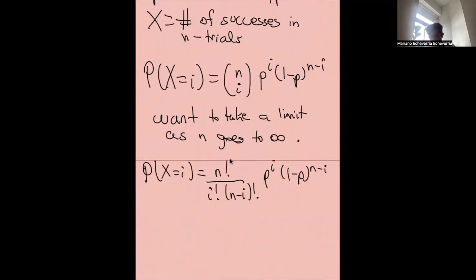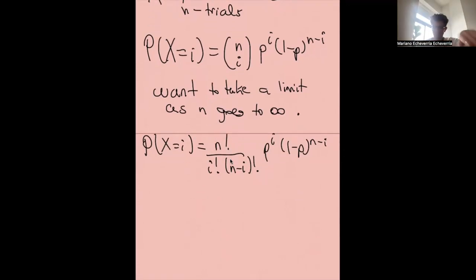This would be a constant, so it remains what it is. And what happens as n goes to infinity here, if you are fixing p and i? Once n is really large, there's almost no difference between n factorial and n minus i factorial, so this goes basically to 1. So you're getting 1 times 0, and in the limit you would get 0 as a probability. That's a very bad approximation, so just taking n to infinity is not a very useful thing to do on its own.